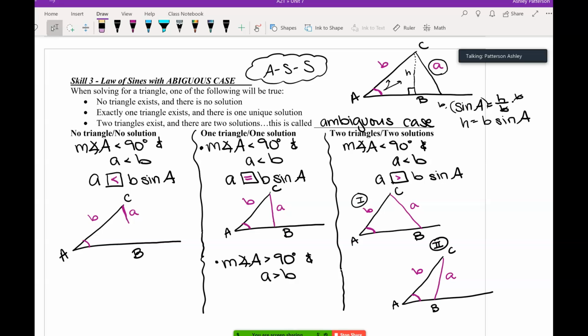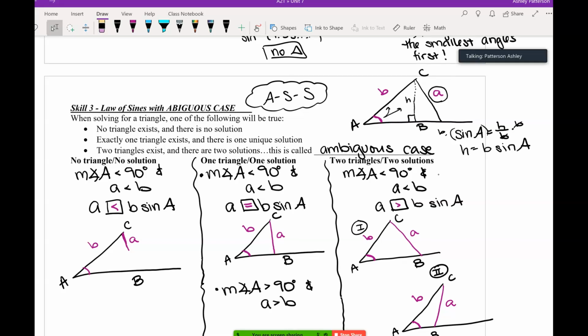Okay, also something else that you might want to write down is when we're comparing the given side or the corresponding side with the height, you might want to write down for yourself that this is the corresponding side, because again, they're not all going to be labeled A, B, and C. Okay, we might have RST.